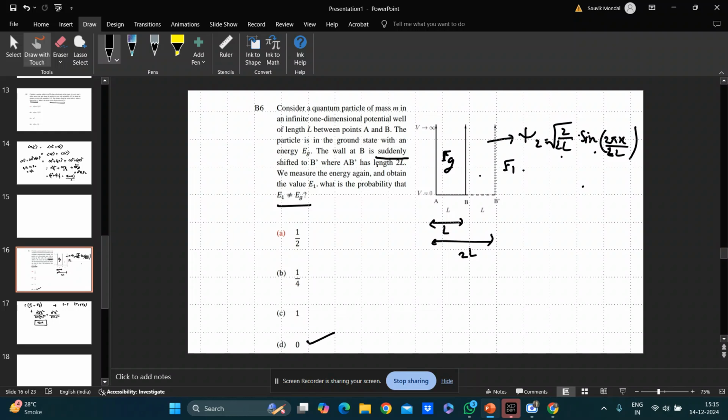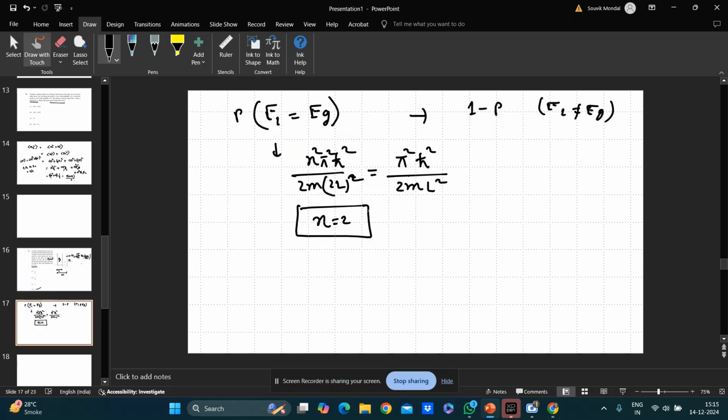But as mentioned, it is done very suddenly, very quickly, so any transition is possible. So here n equal to 2, 3, any value is possible. Okay, so he made a mistake, because this concept, the sudden approximation and adiabatic approximation, is not very well known to IPhD students. Okay, so now look at the solution.